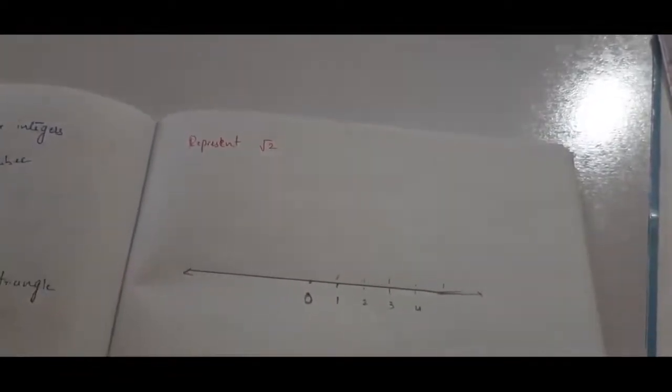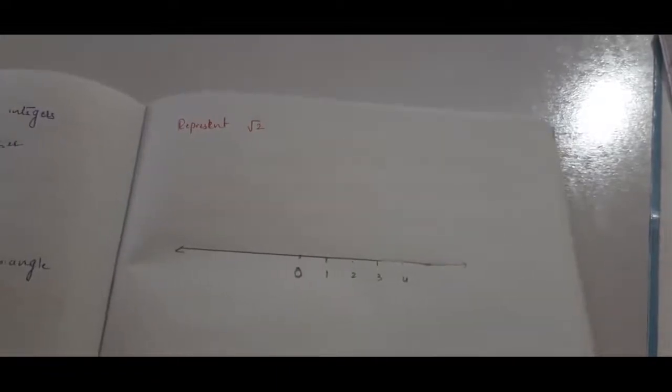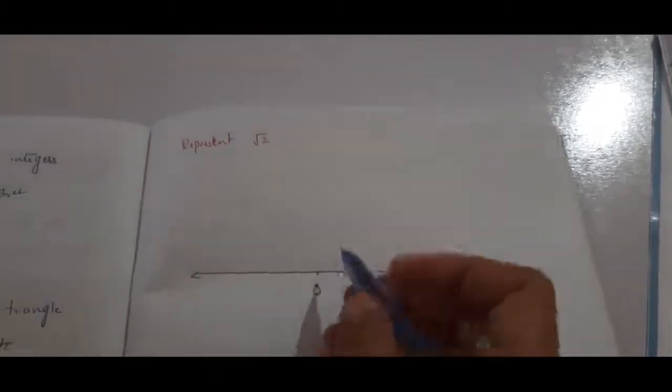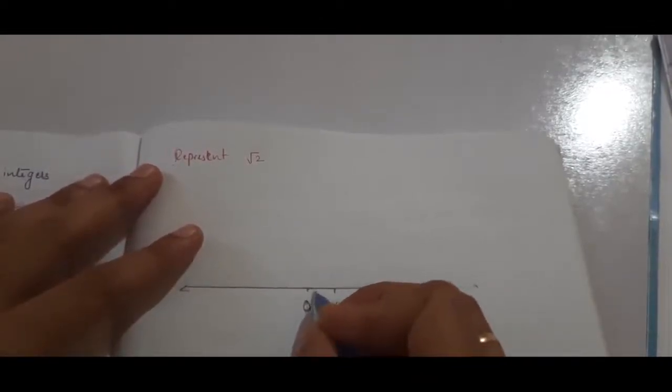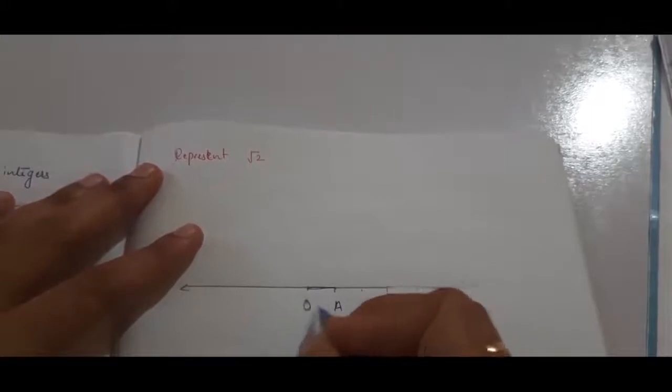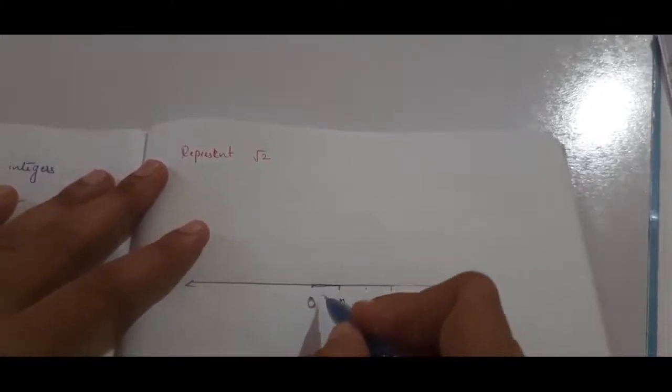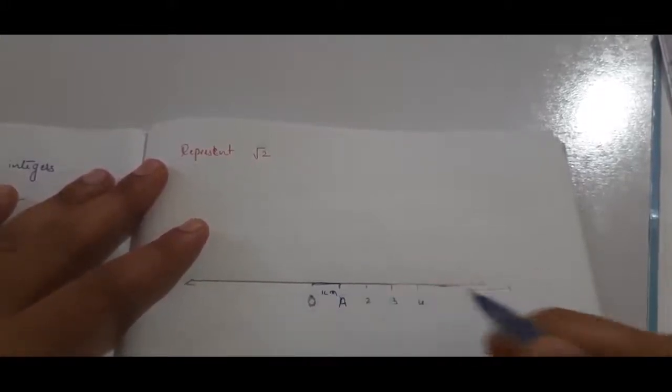Next, draw a right angle triangle and consider the base 0 to 1. How many centimeters? That is 1 centimeter.